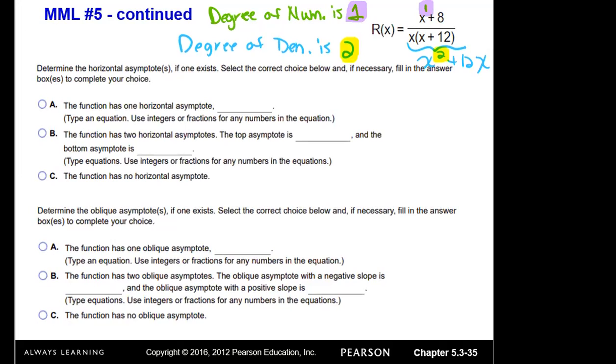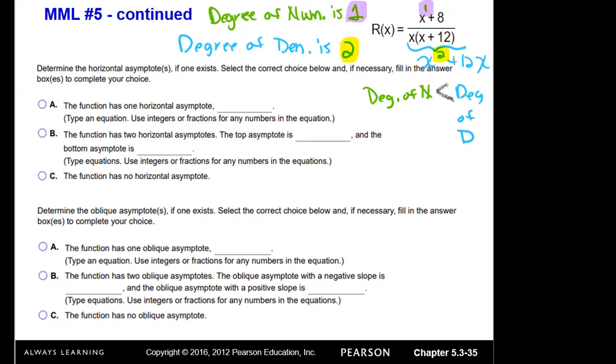Now, if the degree of the numerator is less than the degree of the denominator, does anybody remember what that is? Then the horizontal asymptote will be the x-axis.